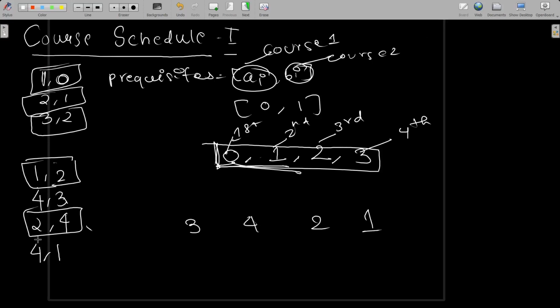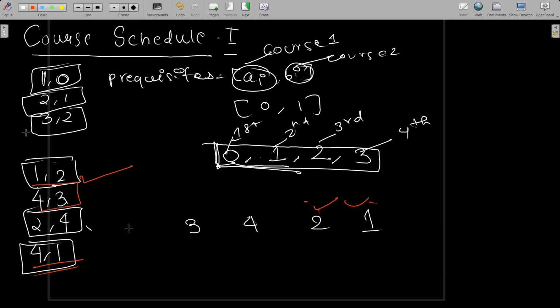And in the last case, when you have course 4 and course 1, it means that you have to take course 1 before course 4. But you have to observe something over here. In the first case, course 2 had to be before 1, and this condition is satisfied.